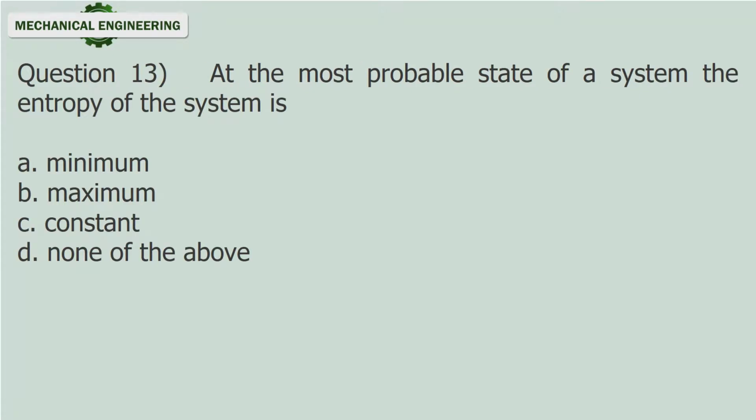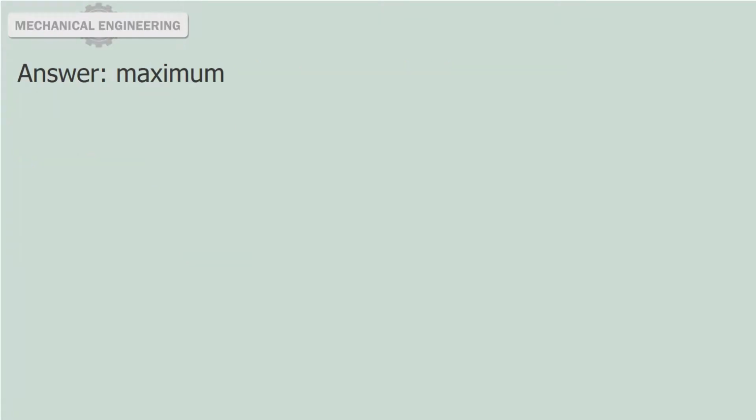Question 13. At the most probable state of a system, the entropy of the system is A. Minimum. B. Maximum. C. Constant. D. None of the above. Answer: maximum.